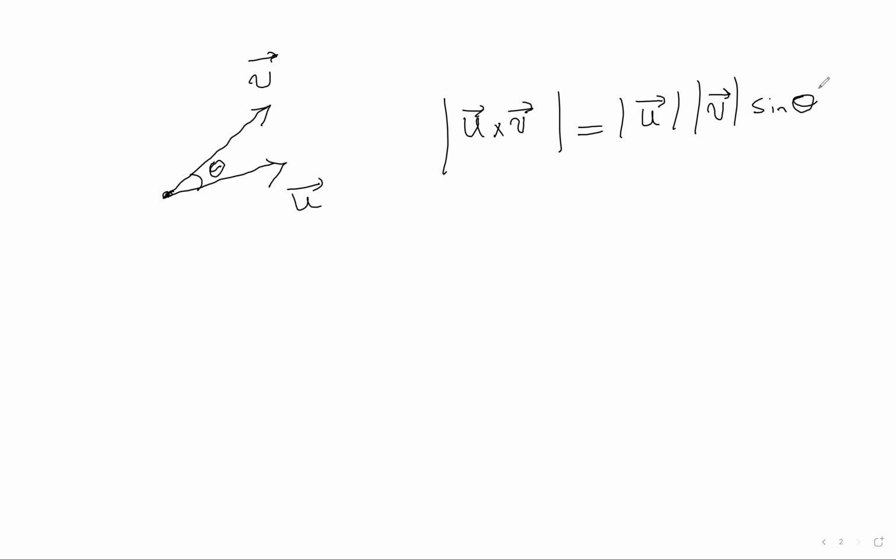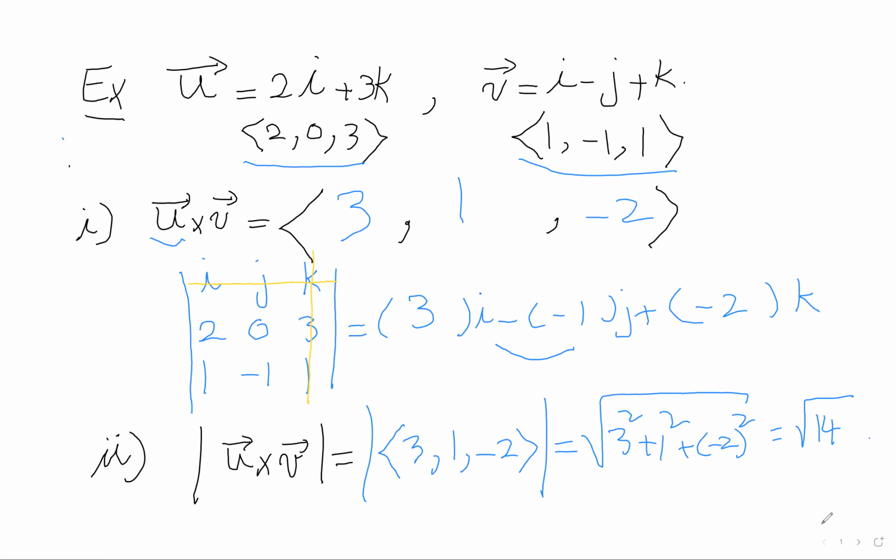But this is helpful if we know the angle between the two vectors. In this example we didn't know the angle, because it was not given, so the best way to find the length of U cross V was the previous method.